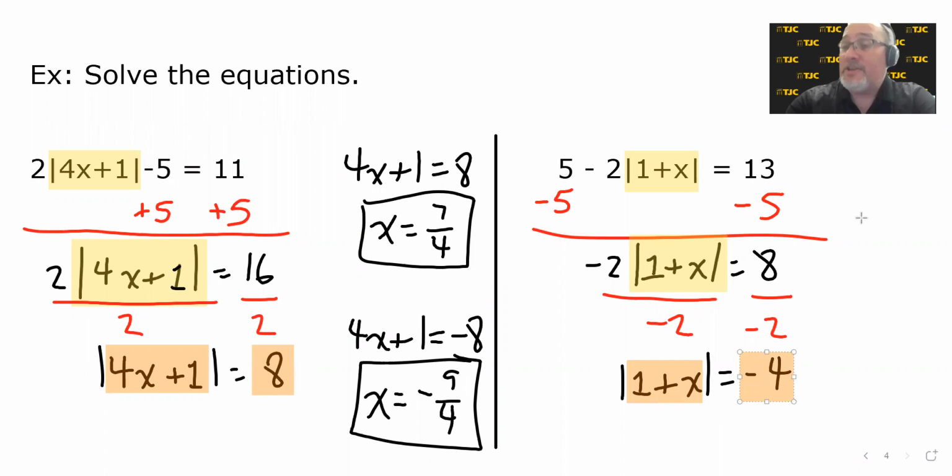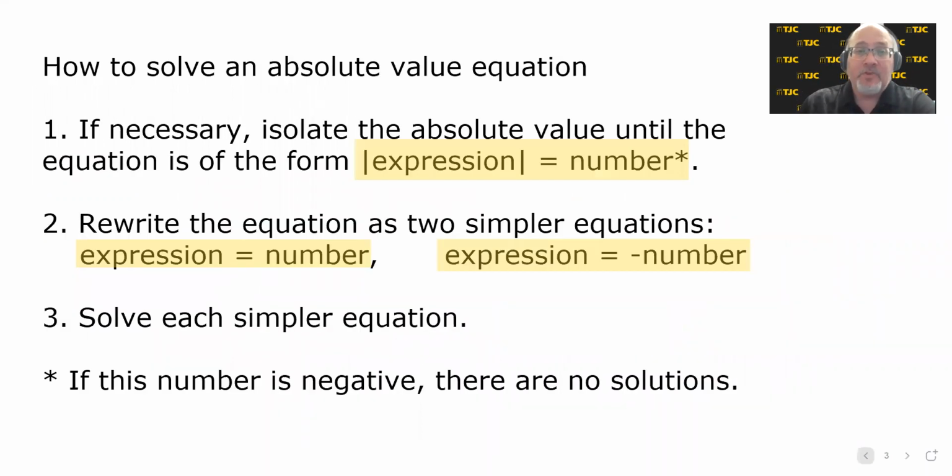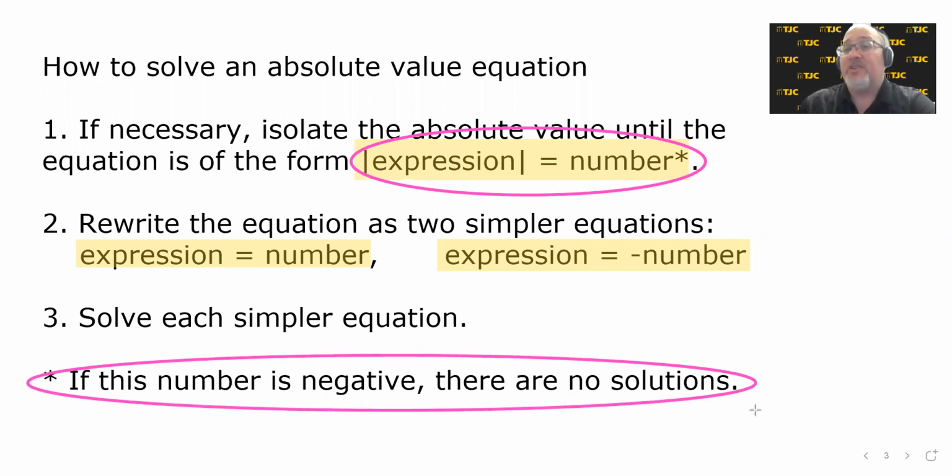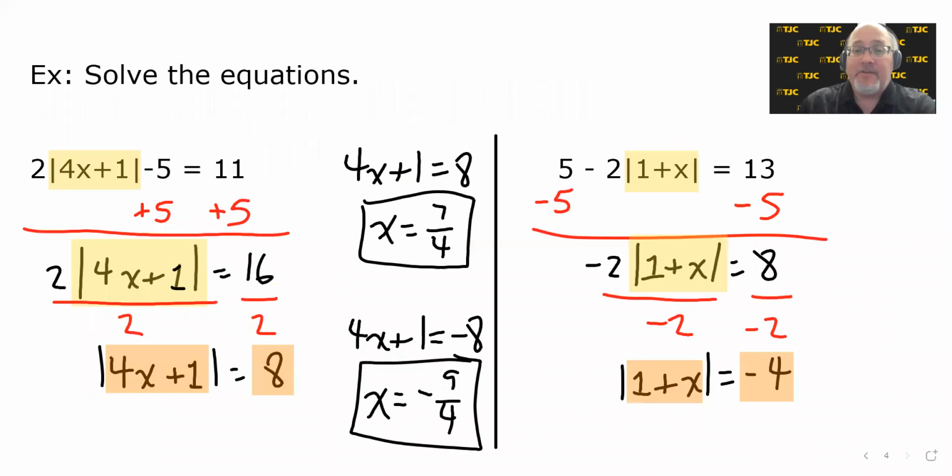And our next move is what? Now, if you said our next move was to put 1 plus x equal to 4 and negative 4, stop. You weren't paying attention to the asterisk earlier. Remember, if you're solving an absolute value equation and you have absolute value of an expression equals a number, and that number is negative, there are instantly no solutions because absolute values cannot come out negative.